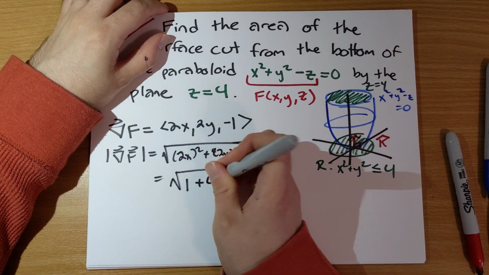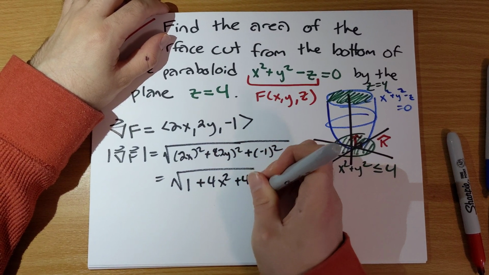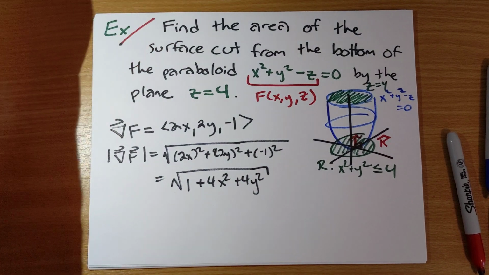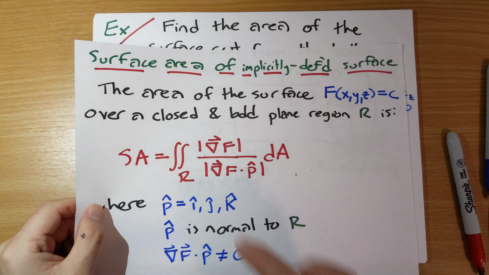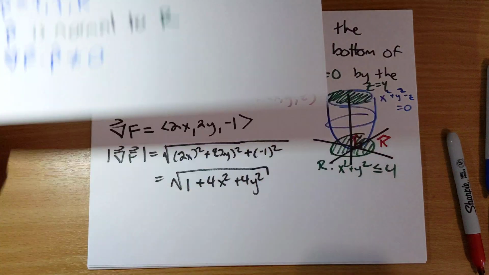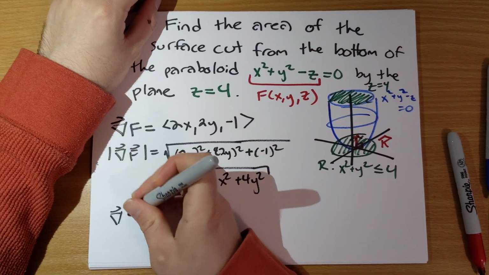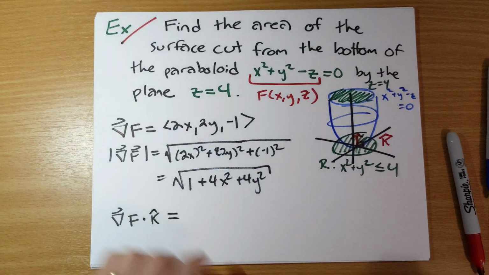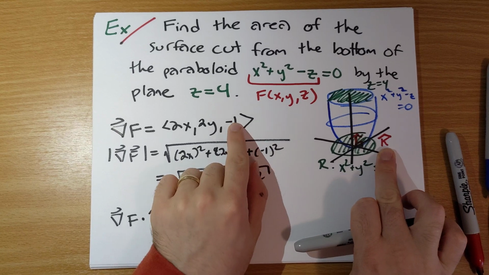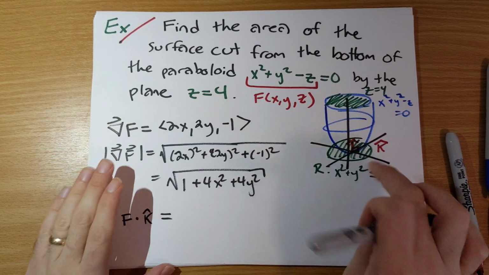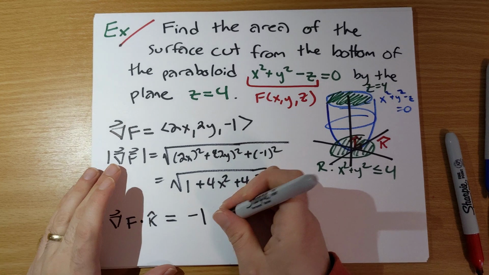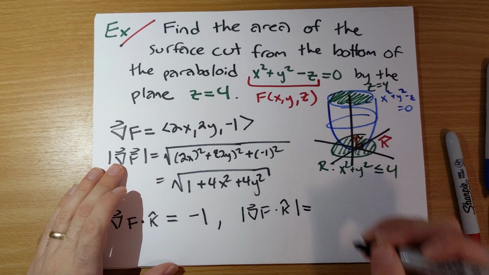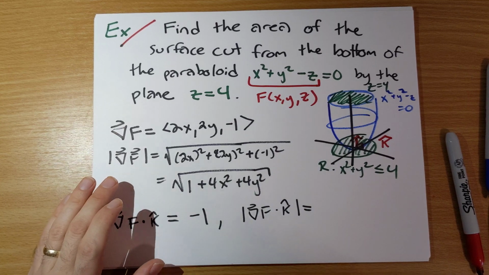So that's the square root of 1 plus 4x squared plus 4y squared. We also need the gradient dot k hat. K hat is just this component here, so this is negative 1. The absolute value of the gradient f dot k hat is going to be 1.